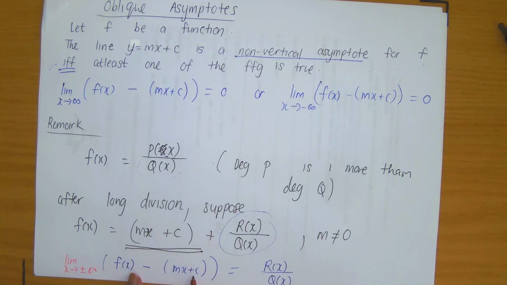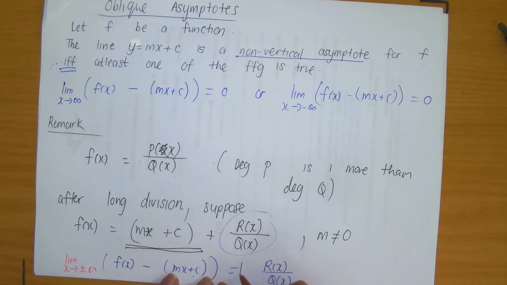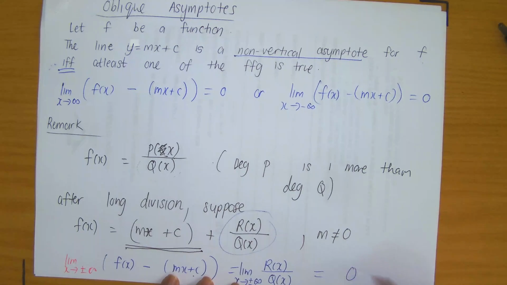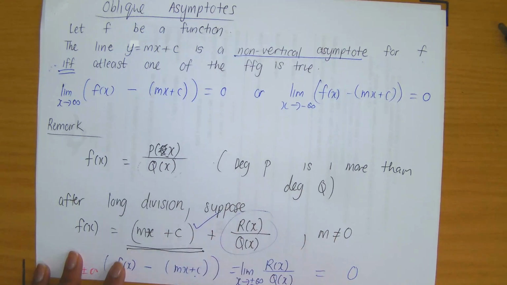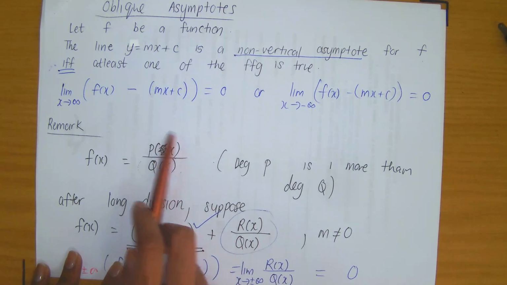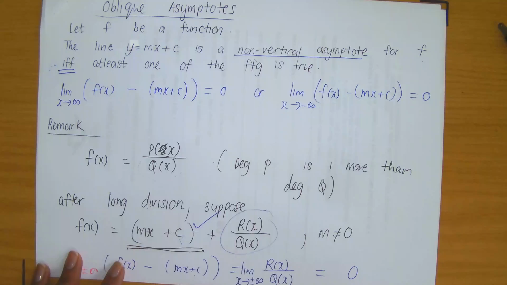So the limit of this now becomes the limit of r of x divided by q of x. And if this equals 0, then that means we have a checking criteria to determine the non-vertical asymptote for a function which is a rational function.